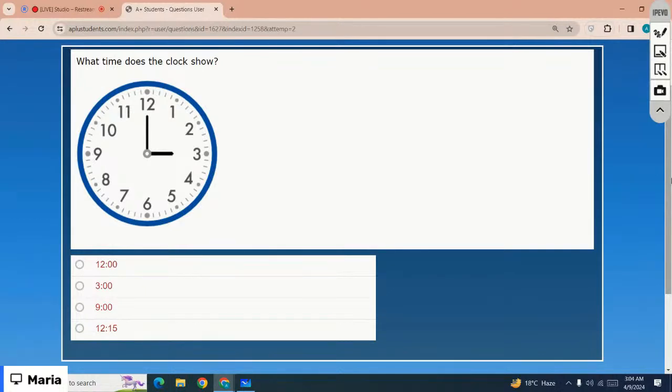You can see the hour hand points to 3 and the minute hand points to 12. That means that is exactly 3 o'clock, because the hour hand points to 3, and when the minute hand points to 12, that represents 0, right?